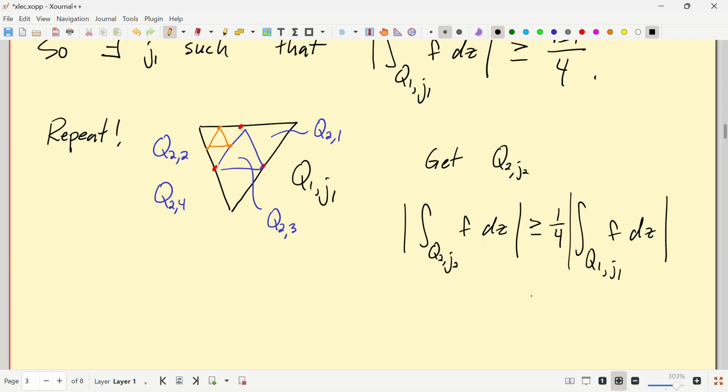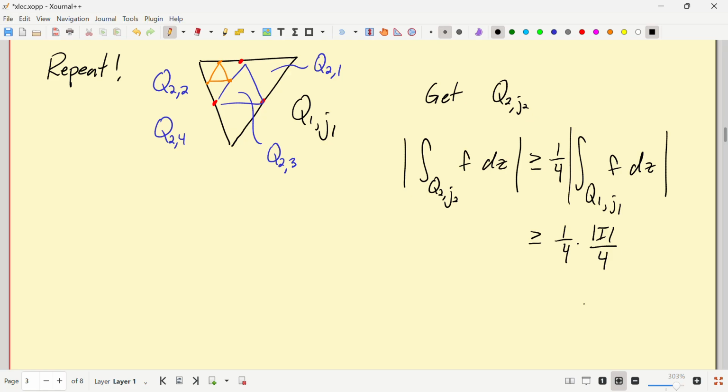And that's greater than or equal to I over 4. Now I get I over 4 squared. And I keep repeating.